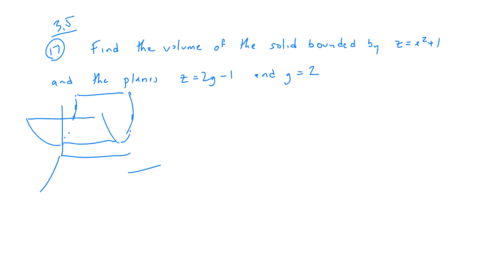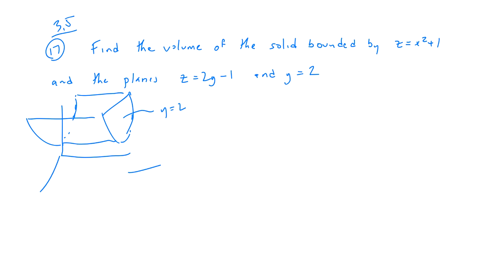So we have the parabola and then parallel to the y-axis. And then we have y equals 2, which is, let's say, just right here. And z equals 2y minus 1. And this I can't draw very well.